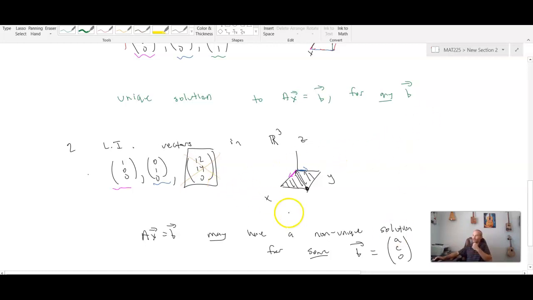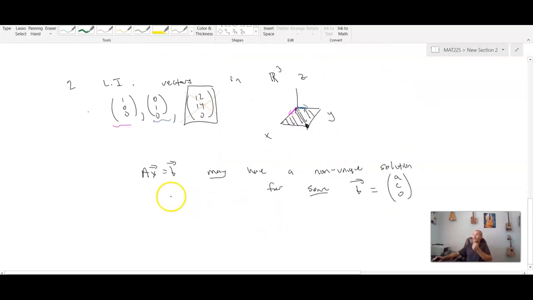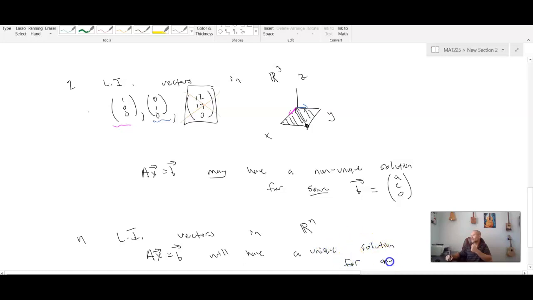And now if I extend this to n dimensions, so if I have n linearly independent vectors in Rn, then Ax equals b will have a unique solution for any b.